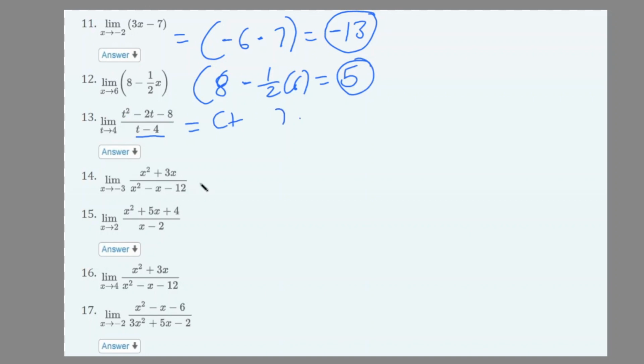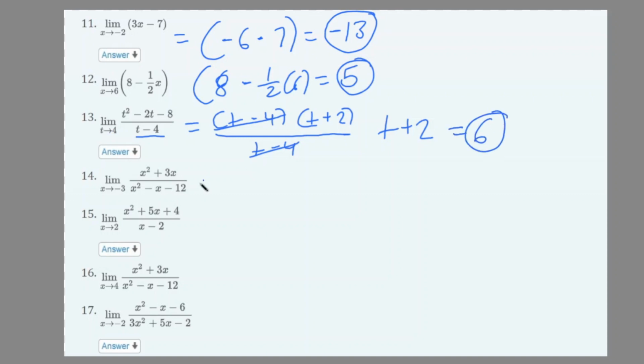If we factor the numerator, we get t times t minus 4, and then t plus 2. On the bottom is t minus 4, and now look, we have two similar things here, so we can cross them out, and we're left with t plus 2. Now we can plug in 4. If we plug in 4, that gives us 6 as our final answer.